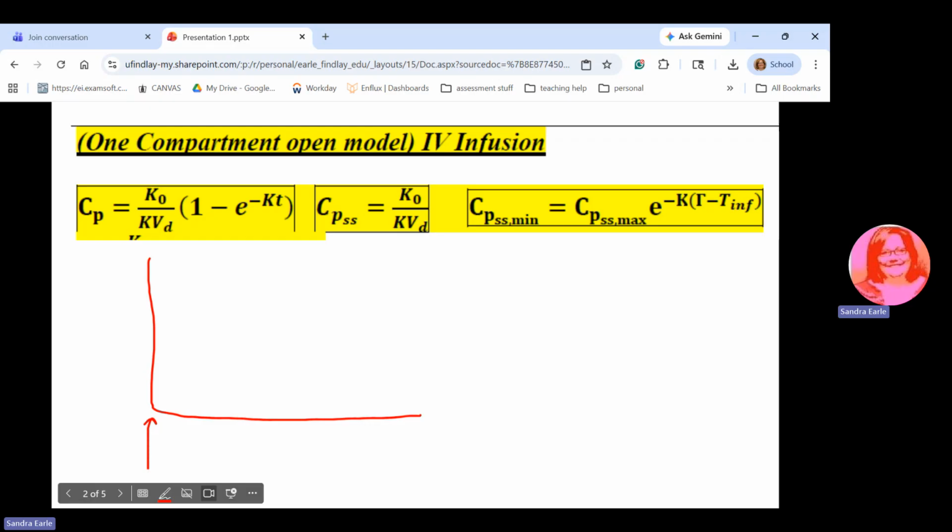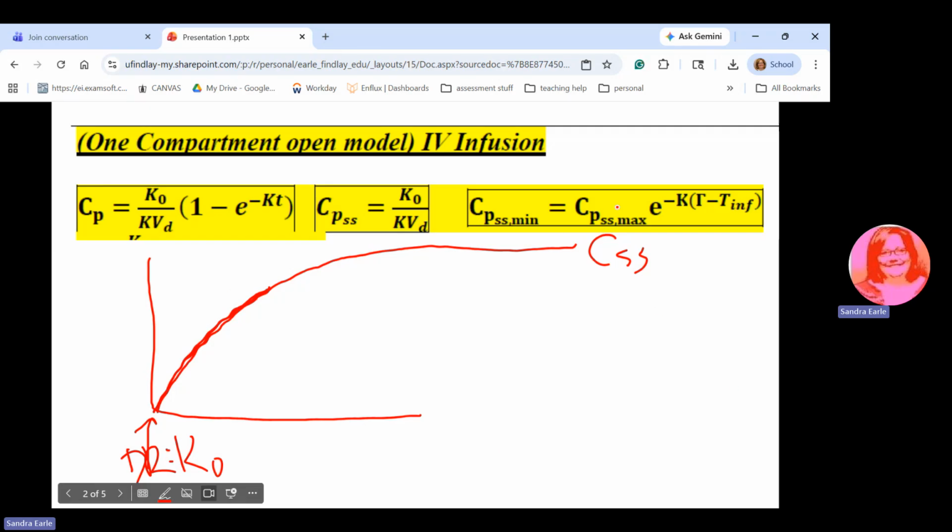Rather than giving one dose, boom, and having it go in and cause a Cmax to happen right away, and then for it to decay, we're going to start giving this dose at a certain dose rate, which can also be called a K0, which is an infusion rate that we're going to give. And as we start giving it, the drug is also being cleared. So we have to consider clearance as we go to an eventual steady state concentration, right?